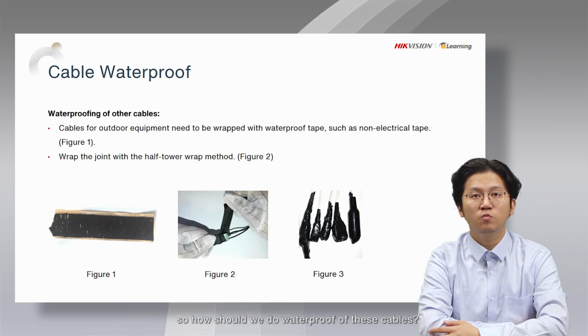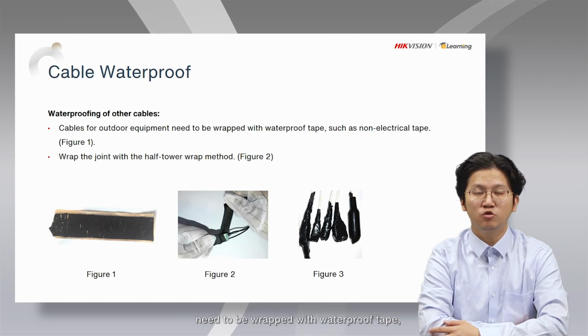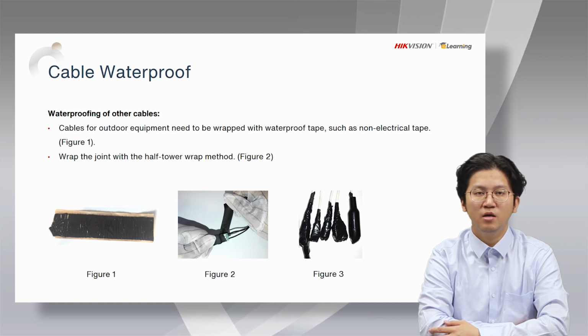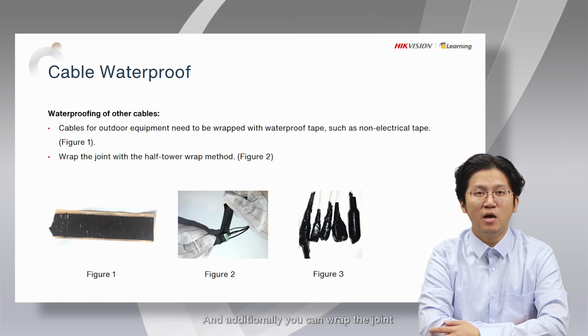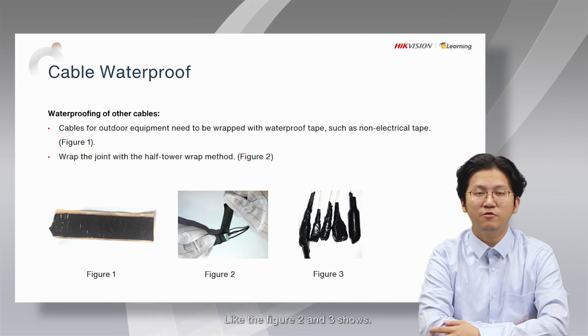So how should we do the waterproofing of this kind of cables? Cables for outdoor equipment need to be wrapped with waterproof tape, such as non-electrical tape, like shown in figure 1. And additionally, you can wrap the joint with the half-tower wrap method, like figures 2 and 3 show.